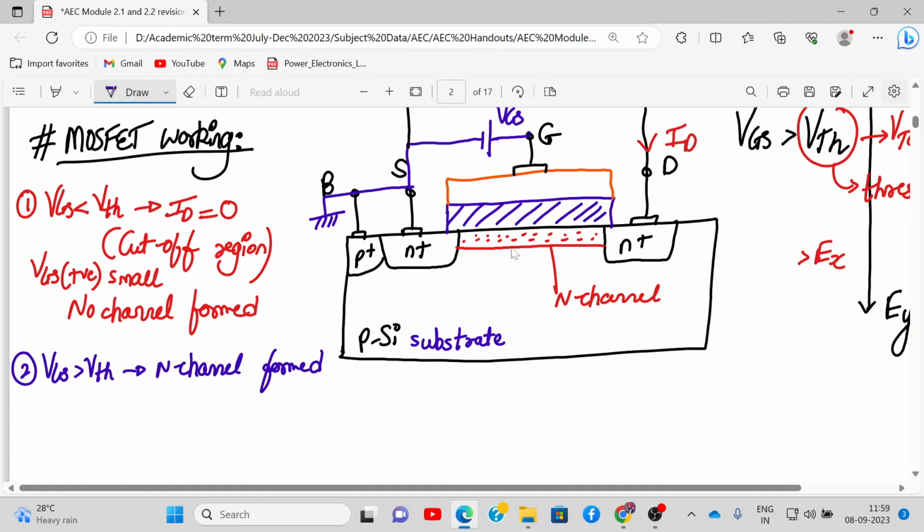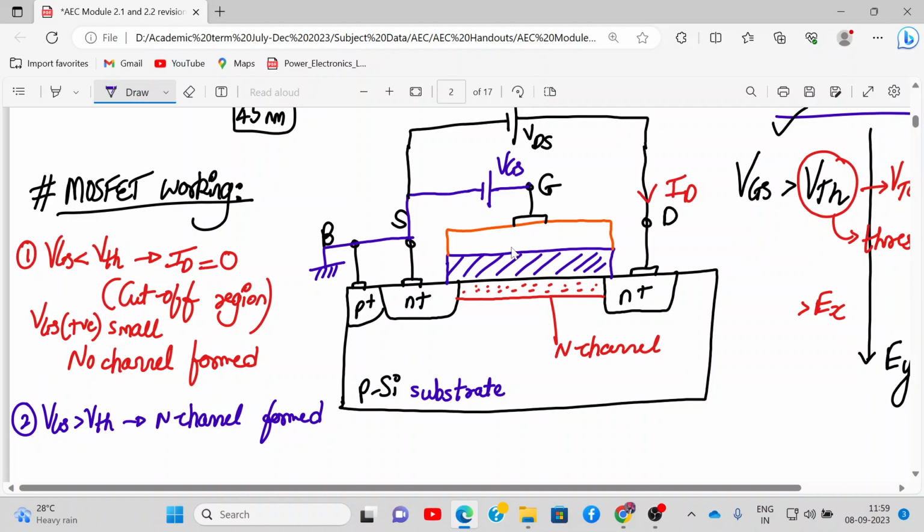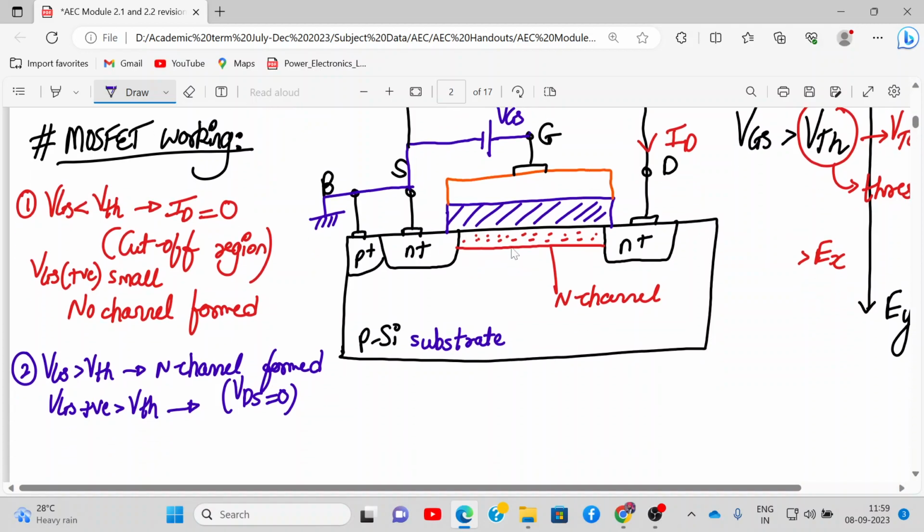Will current flow in the device if we apply only VGS voltage, a positive voltage greater than VTH? Will this ID current flow if we just apply VGS and not apply VDS? So here VDS is 0, it's not applied, and we have just applied this voltage VGS.